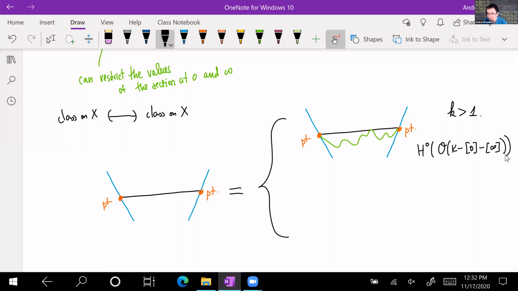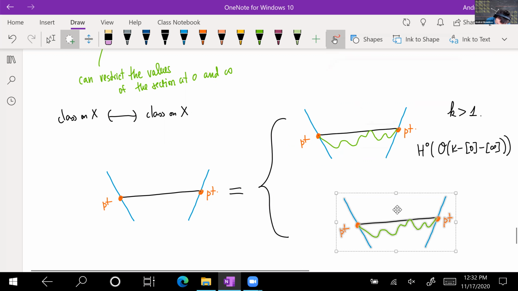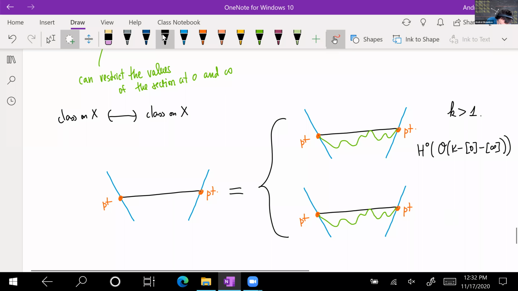But if K is exactly 1, then there are really no sections, zero sections. K is exactly 1, your only possibility is to have 0 here. It's really 0.